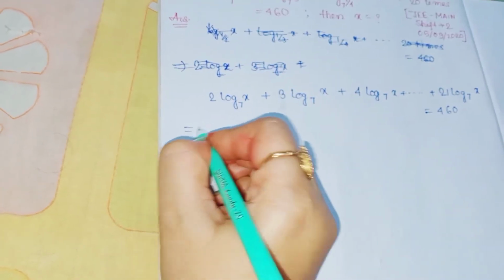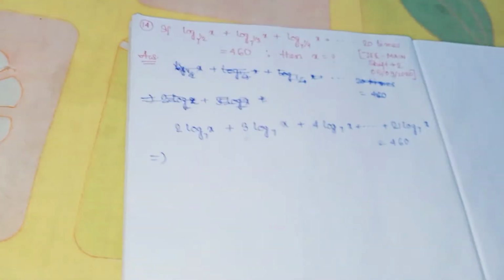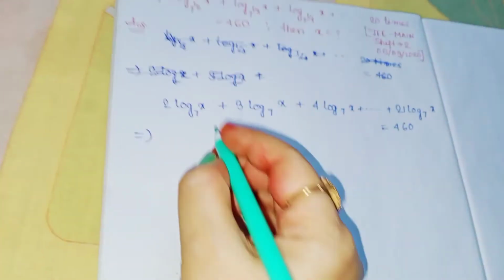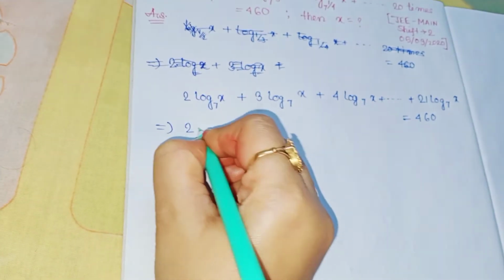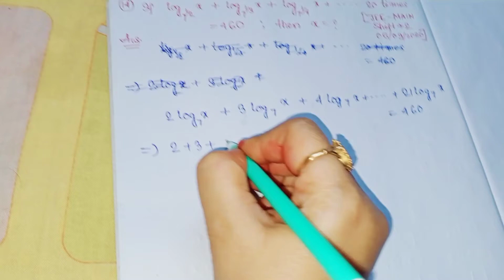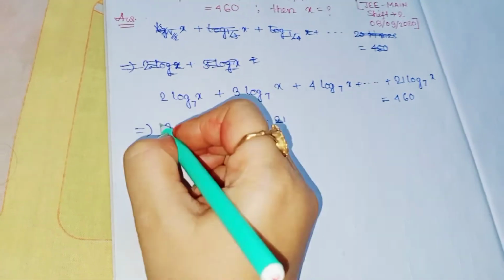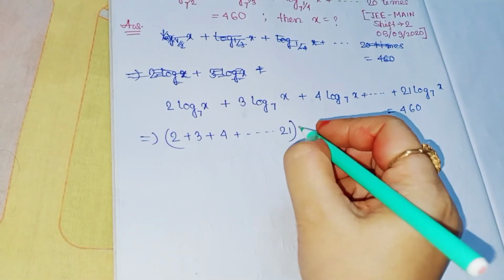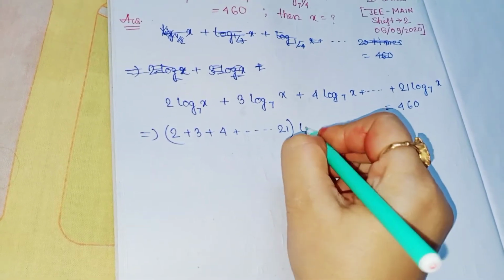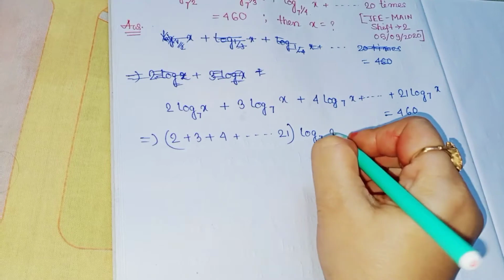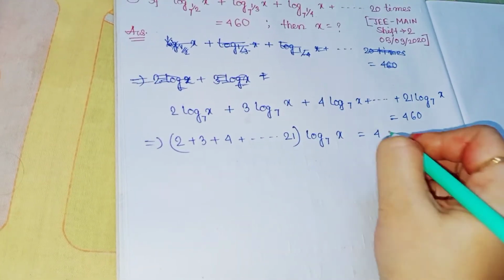So that implies we write 2 plus 3 plus 4 plus up to 21 times log of x base 7, equal to 460.